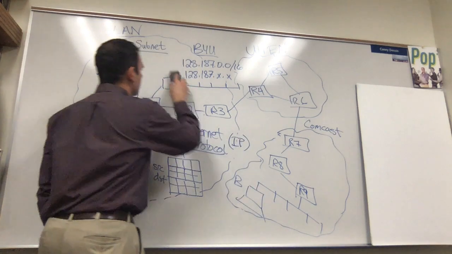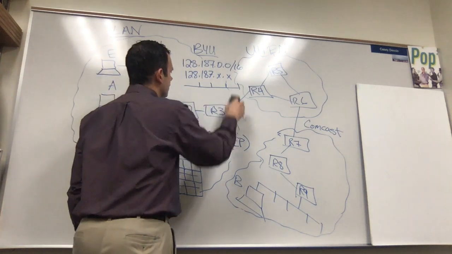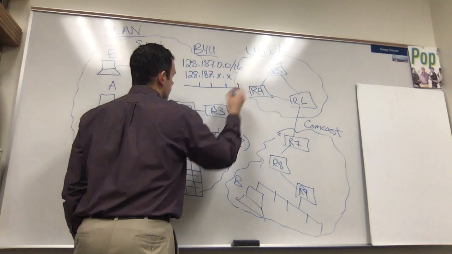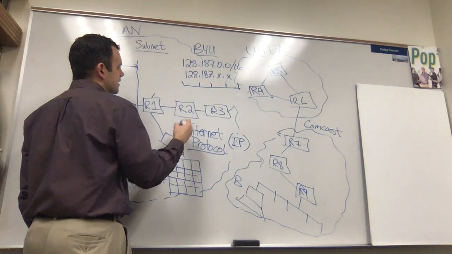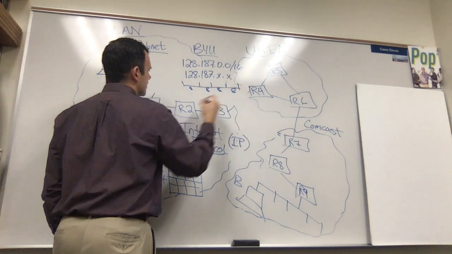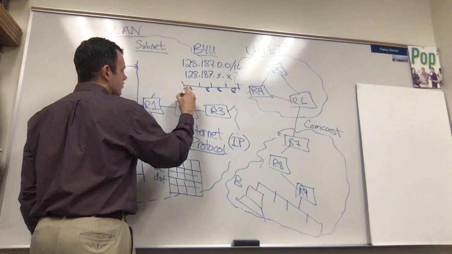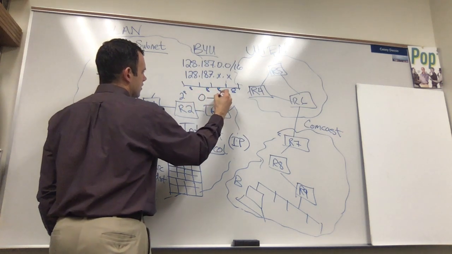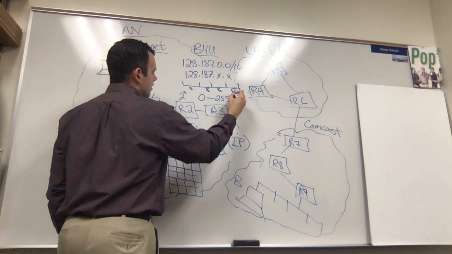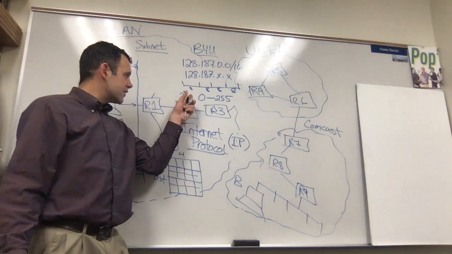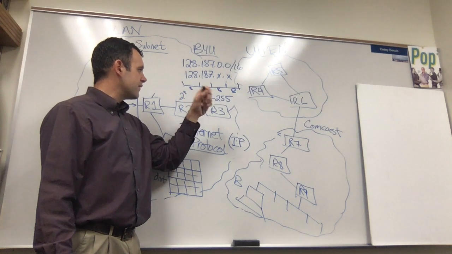Let me clear out a little bit of space here. Each one of these is 8 bits, 8 bits, 8 bits, 8 bits. Each one has 2 to the 8th possibilities, specifically a range of 0 to 255. So the highest IP address you could see would be 255.255.255.255.